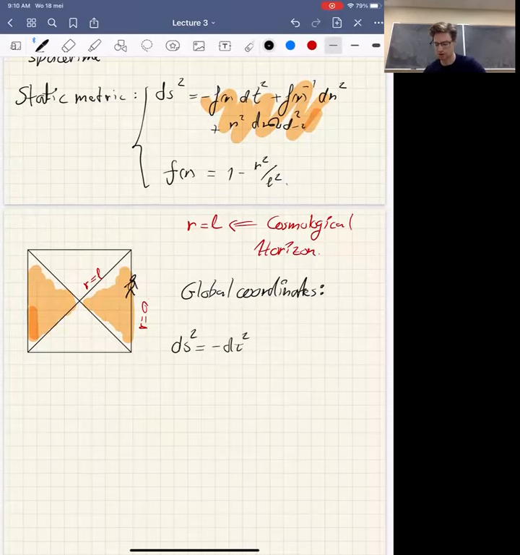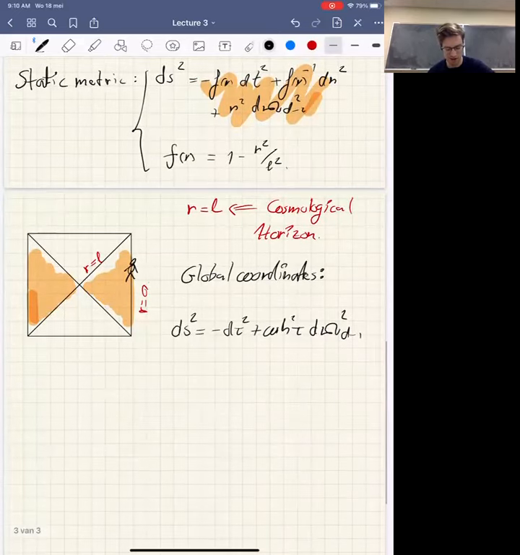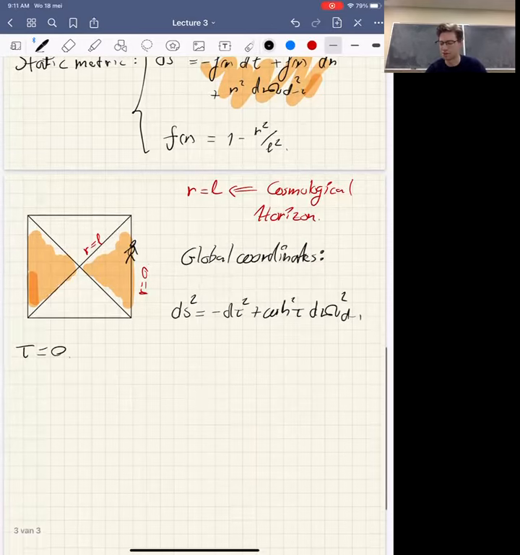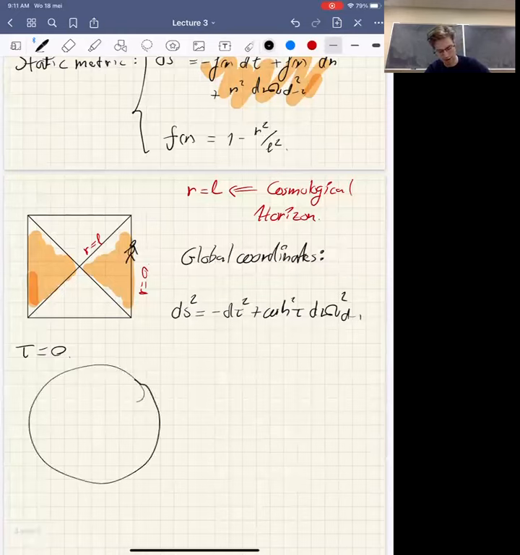We have a global time coordinate tau, and then there's the round metric of a (d-1)-sphere that appears here. In particular, what that means is that when we look at a particular time slice, let's say at tau equals 0, then the de Sitter geometry looks like a sphere, as follows.